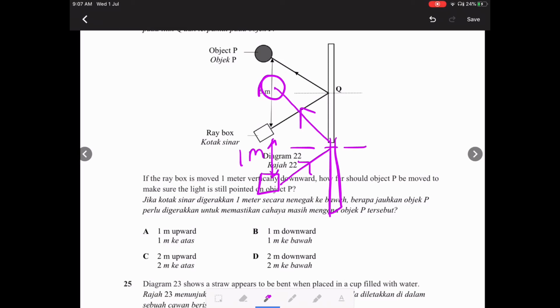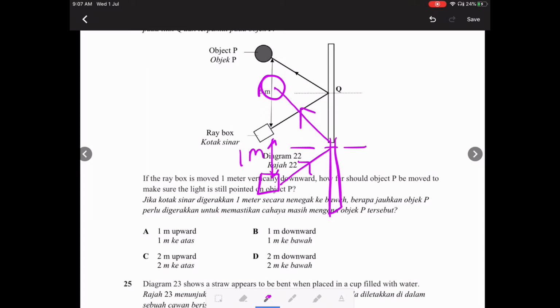So jawapan untuk soalan 24, A, upward. Objek P perlu digerakkan upward. The box move downward 1 meter.